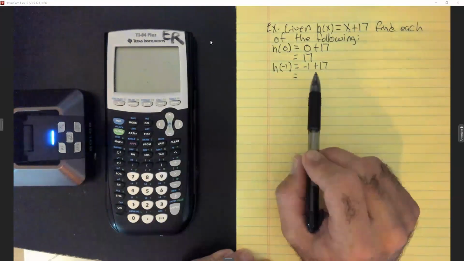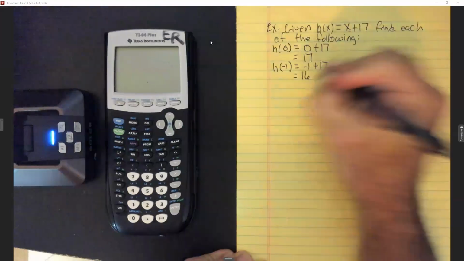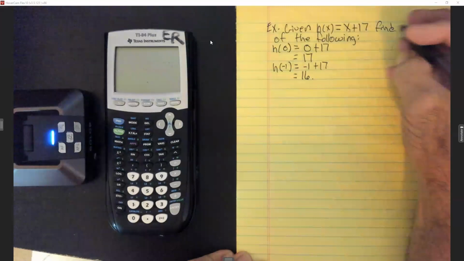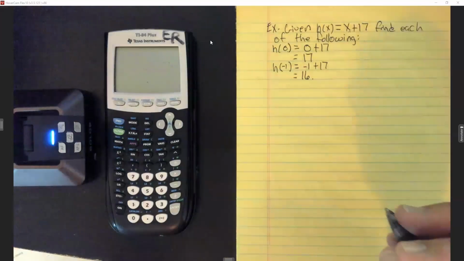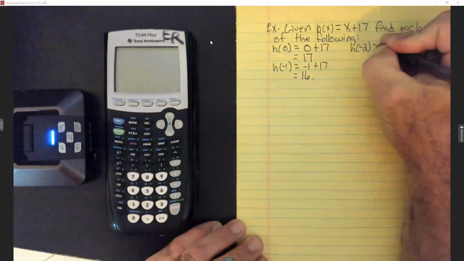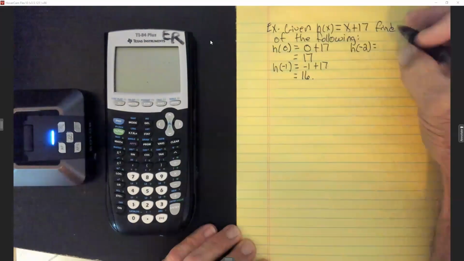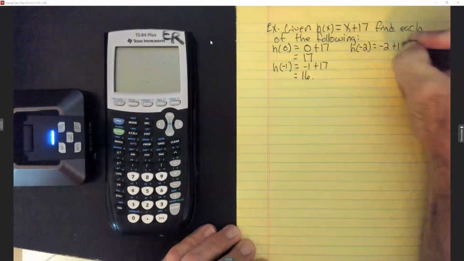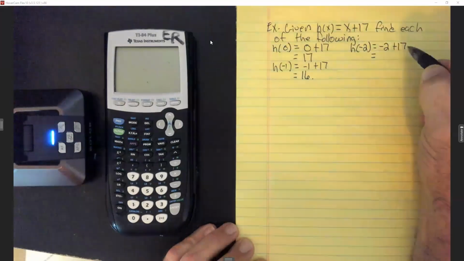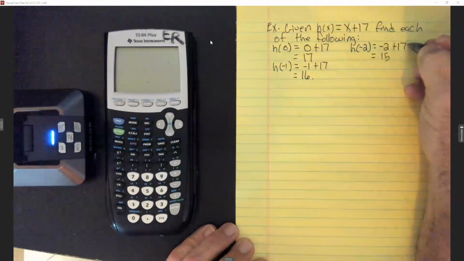So 17 minus 1 would be 16, and since the larger number is positive, that stays positive. All right, y'all, how about h of a negative 2? Same thing, we're going to put a negative 2 in for the x, so we get a negative 2 plus 17. And those are unlike signs again, so 17 minus 2 is 15. Larger number's positive, so that stays positive.